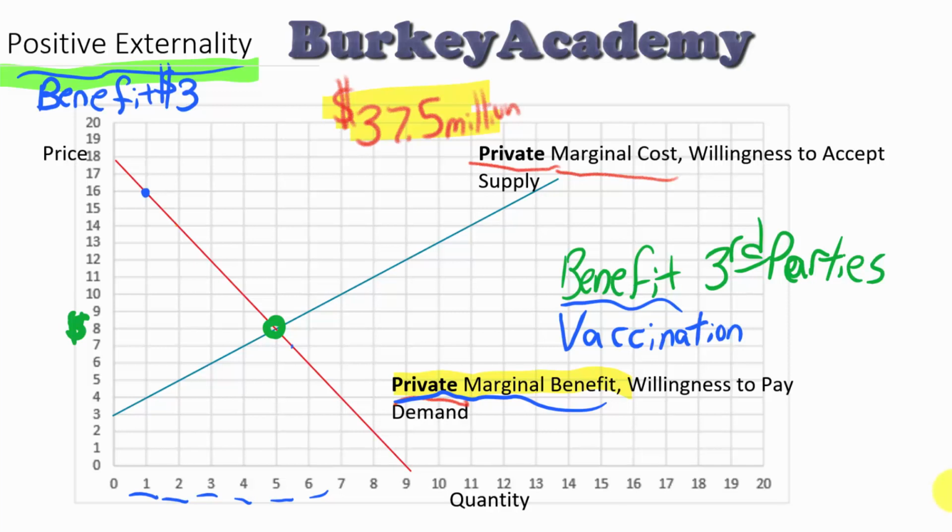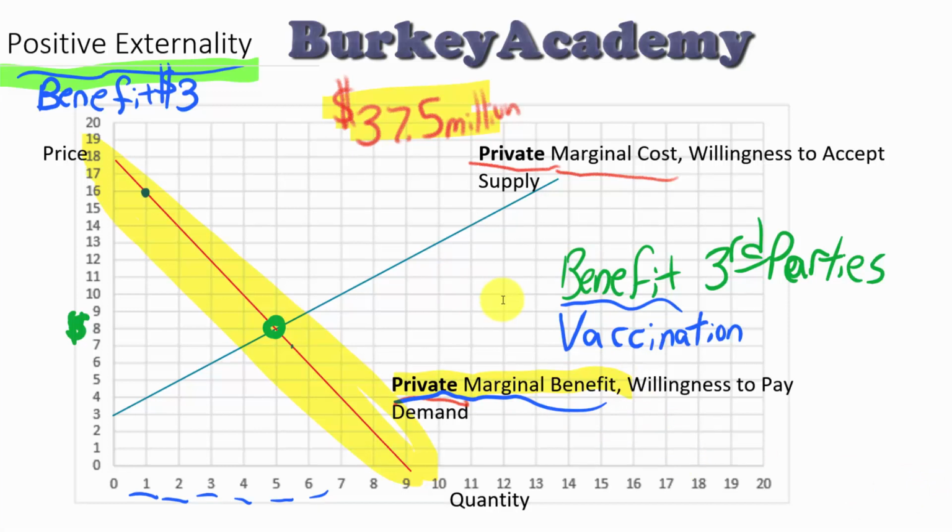So how do we analyze this? Well, what we want to do is figure out what would happen if we somehow encouraged all of these demanders not just to think about their private marginal benefit, but also to take into account the fact that every time someone gets vaccinated, they're helping other people.